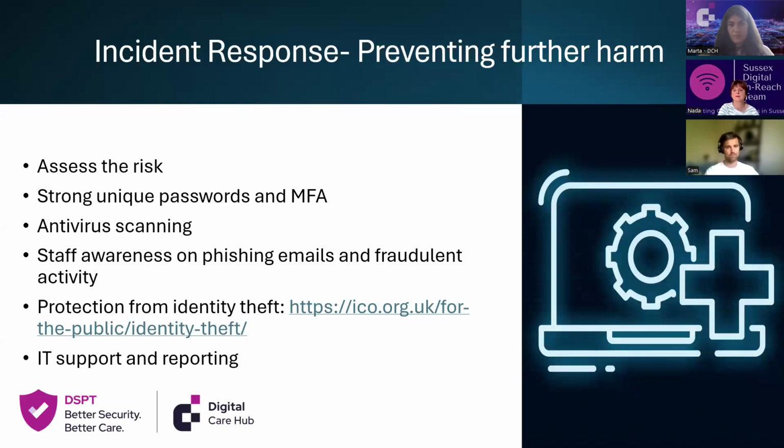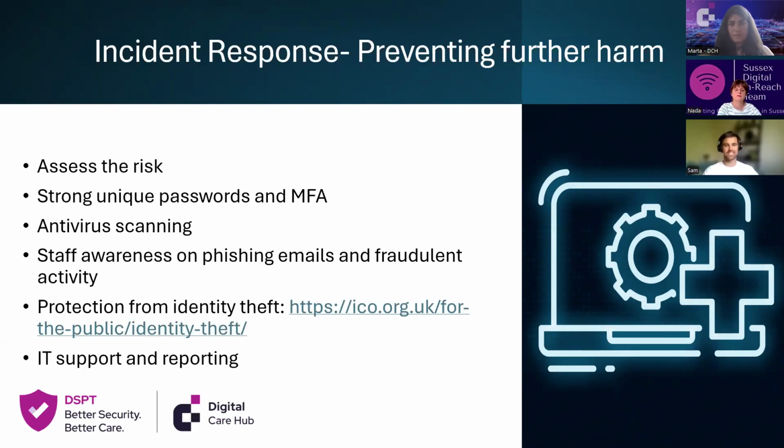So how do we prevent further harm? Again, by assessing the risk, by looking at the level of risk of whatever situation we are faced with. And as I say, there are hundreds of scenarios here which you could consider. Some of those could be using strong passwords and implementing multi-factor authentication. Multi-factor authentication is incredibly important.